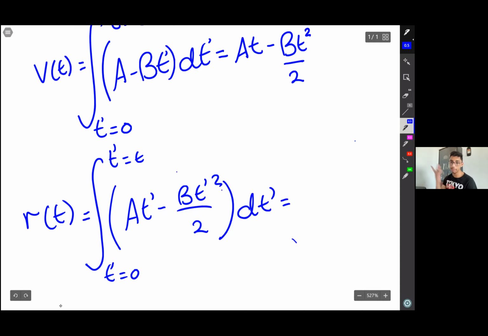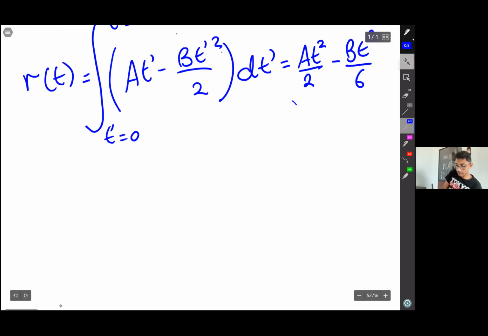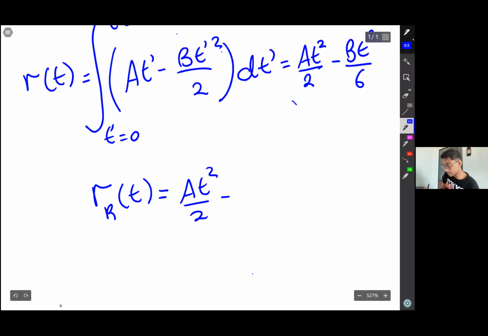Again, this is a bit more complex than the first example, but not too complex. We'll get that it's at squared over 2 minus bt cubed over 3 times 2, which just makes 6. So I can say that the position for the rocket, which I'll call R, as a function of time, will give us at squared over 2 minus bt cubed over 6. I'm just going to box that off in pink.